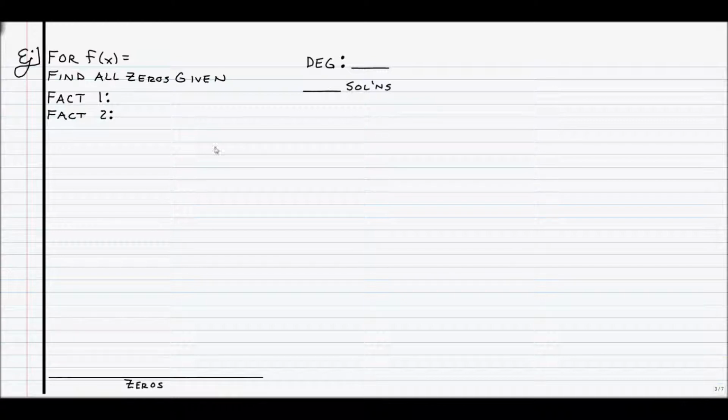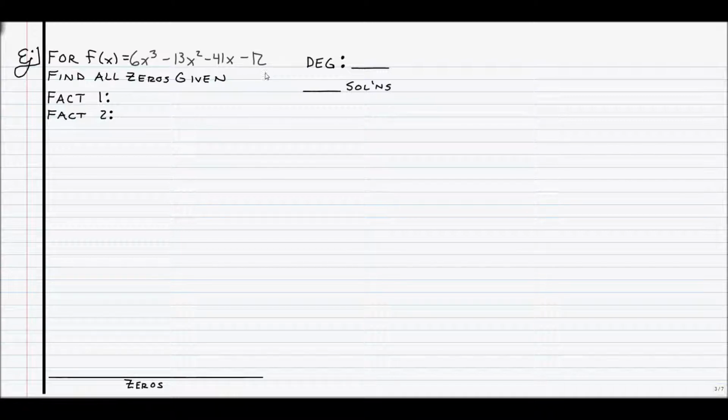So if you could fill this in with me, basically the polynomial we're going to start with, for the first example, maybe on the left-hand side of the half sheet, is going to be 6x cubed minus 13x squared minus 41x minus 12.